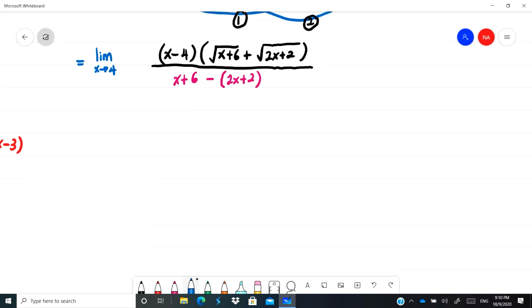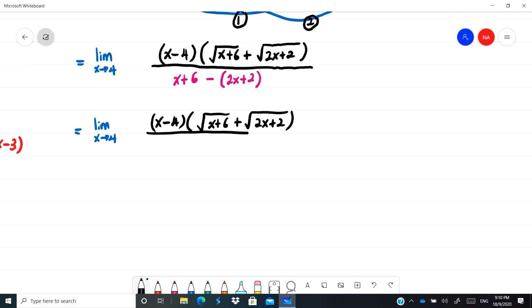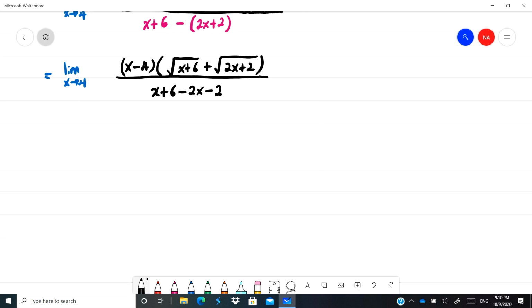So we are going to have the limit as x approaching 4. You just copy the whole thing at the numerator, square root x plus 6 plus square root 2x plus 2. The denominator will be x plus 6 minus 2x minus 2, which simplifies to negative x plus 4.